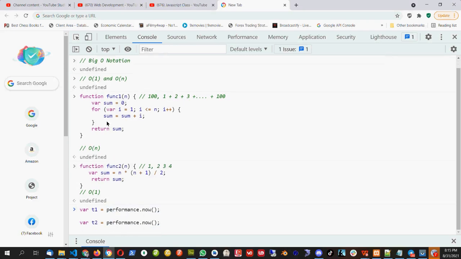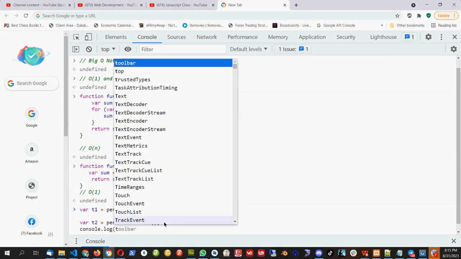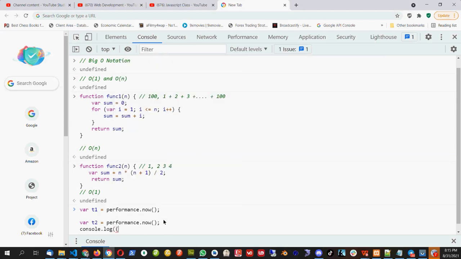It is only to understand how much time each function is taking. And then I will do console.log of T2 minus T1 divided by 1000.